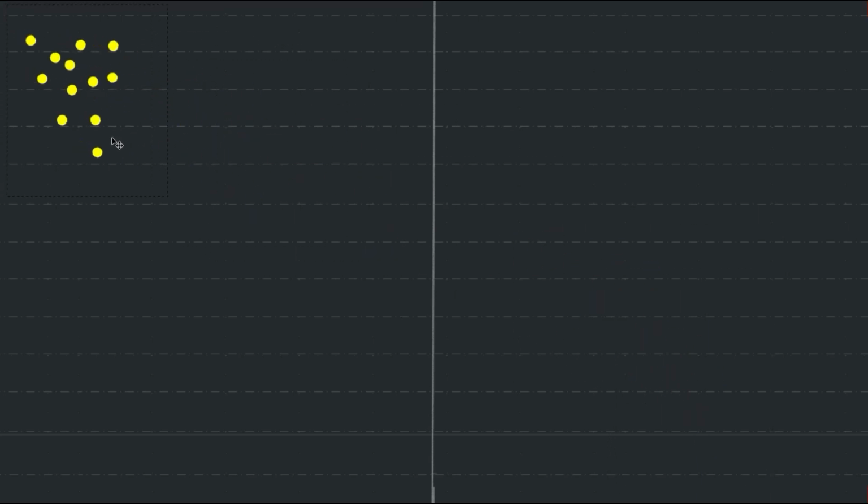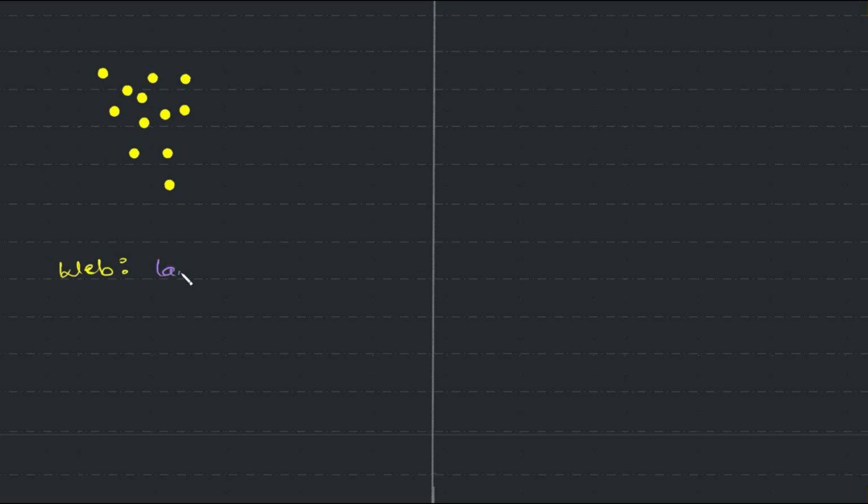What I mean over here is they have a definite way of moving across and it looks stationary. So what I want you guys to do is go to the web and search for laminar flow.